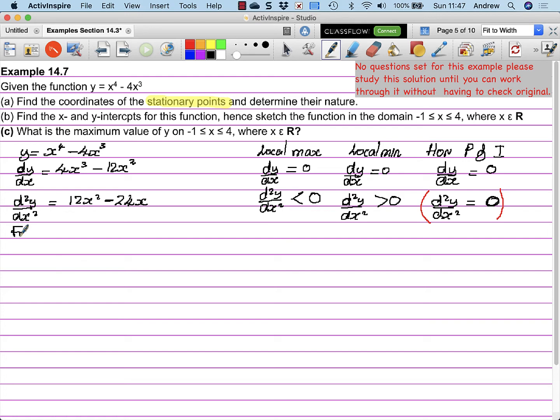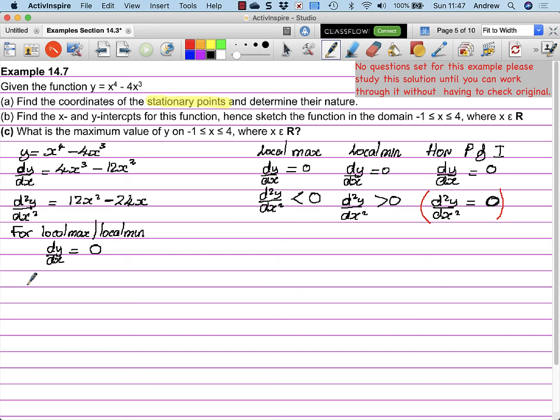As before, always write this down, local max stroke local minimum, we have a formula. And for both local max and local minimum, we know that dy dx is equal to 0.